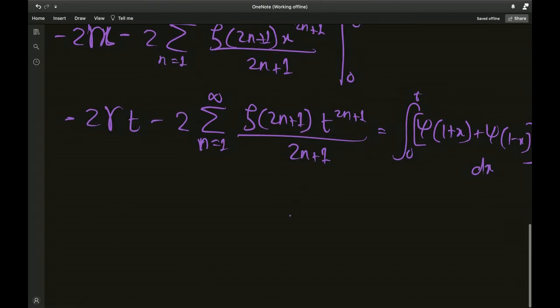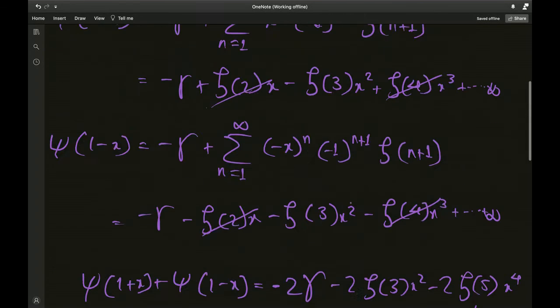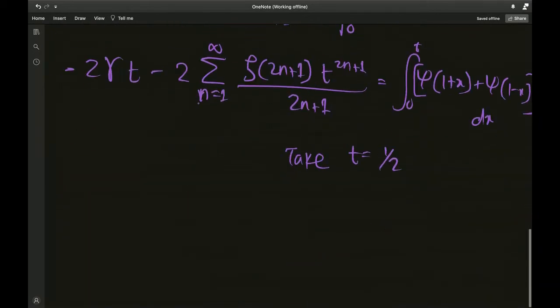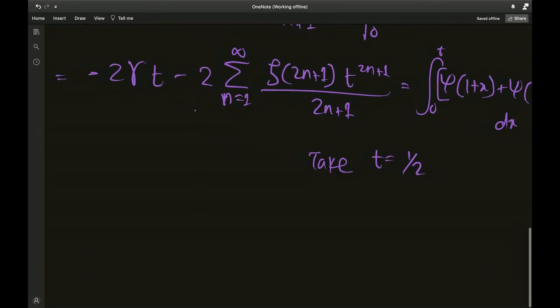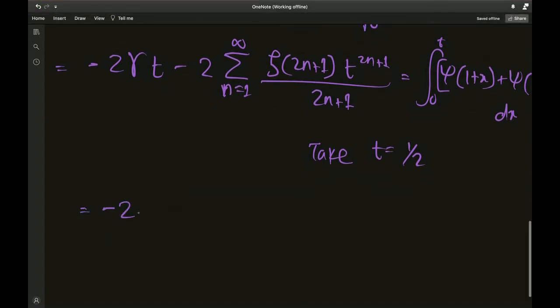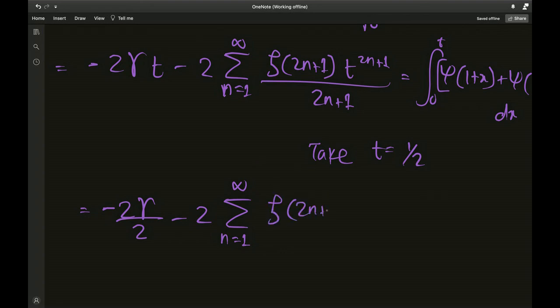Now I want to take t to be 1/2 because I want this 4 to the n factor over here, right? So when I do that, I have negative 2 Euler-Mascheroni divided by 2 minus 2 times the sum from n equals 1 to infinity of zeta of 2n plus 1.